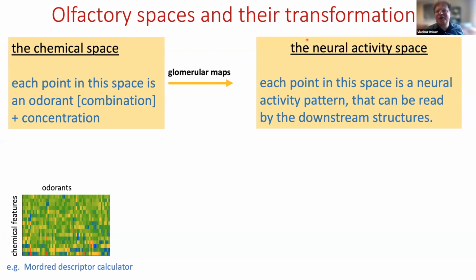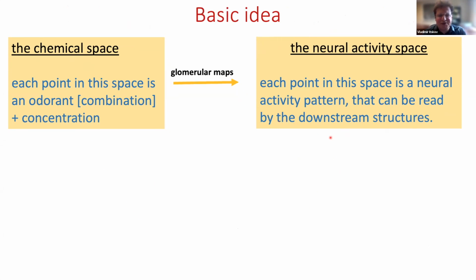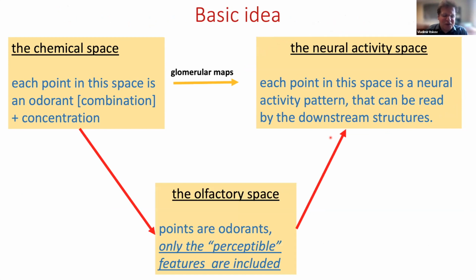This is how each glomerular type relates to other glomeruli. So how do they fire? And what we want is to infer the dimension of this neural activity space and maybe explore some basic properties of this space. So how do we do this?